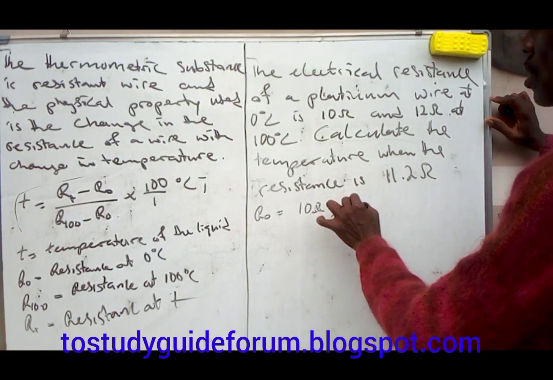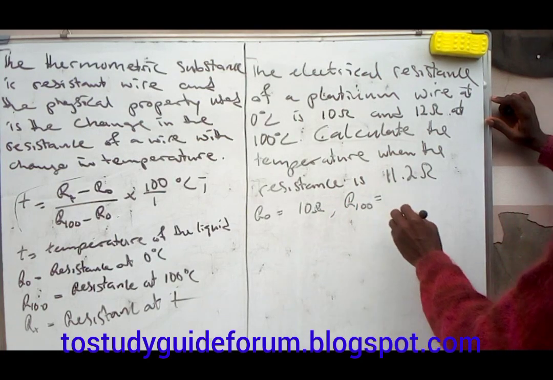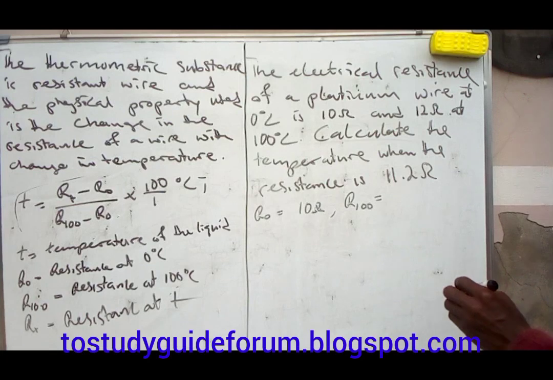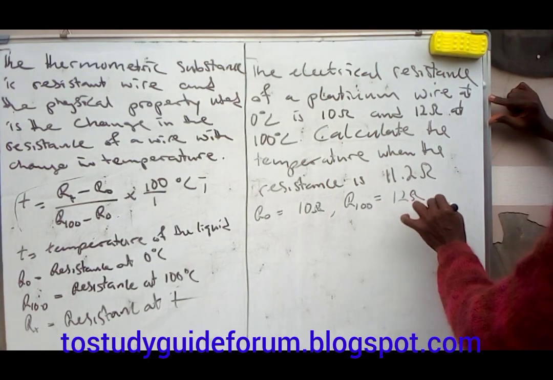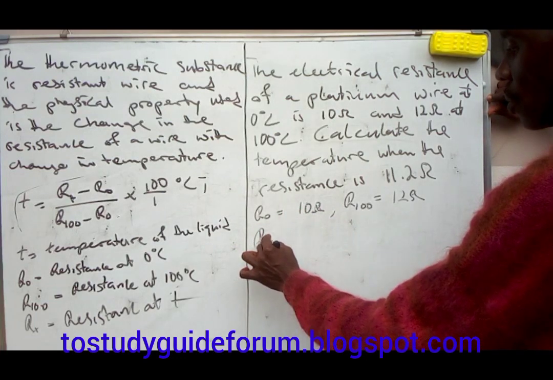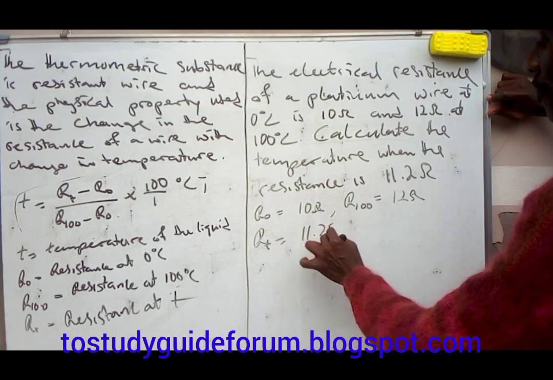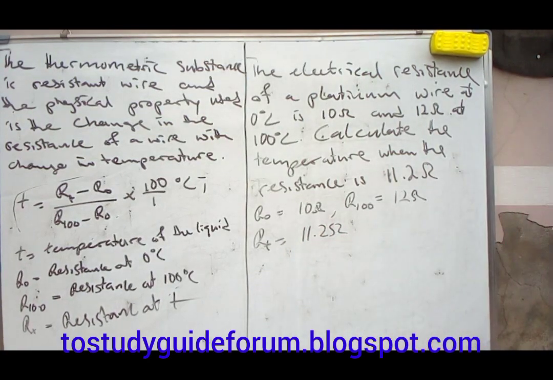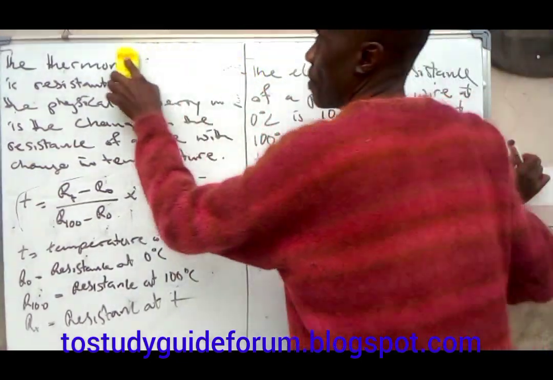The resistance at 100 degrees Celsius is 12 ohms. The resistance at the temperature we are looking for is 11.2 ohms. So we are going to substitute.